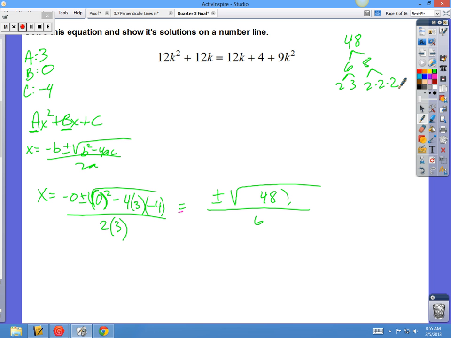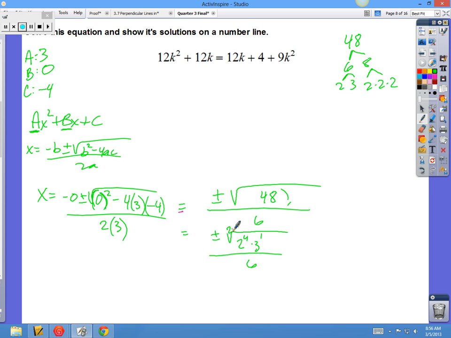Okay, my next move. I am going to trade out the 48. I'm going to go plus or minus the square root of 2 to the 4th times 3 to the 1, all over 6. Now since it's a square root, I'm going to pull out some 2's.